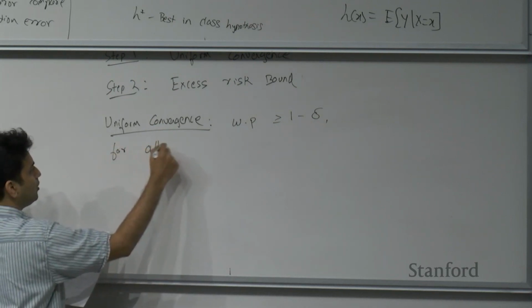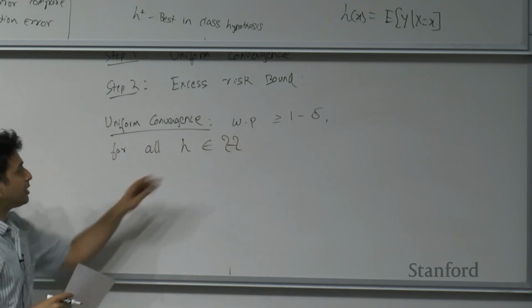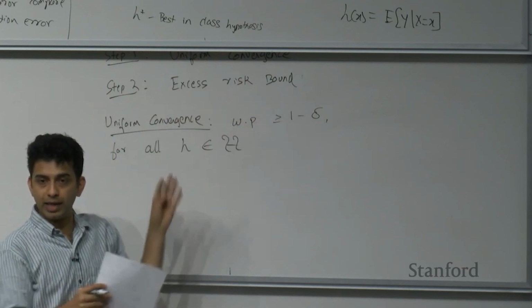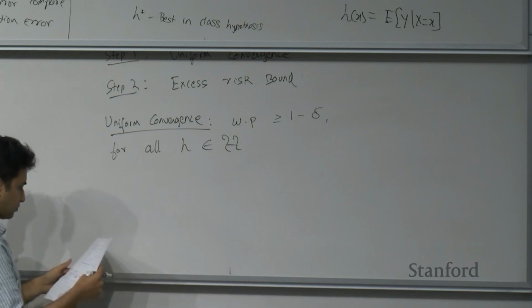for all h in H. So we're going to limit ourselves to a particular class of hypotheses. We are doing our analysis now in the context of a particular class of hypotheses.